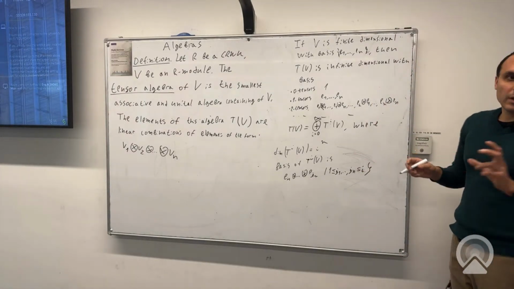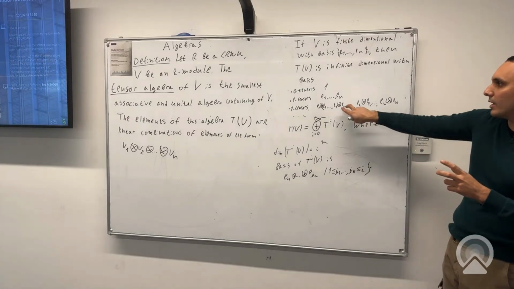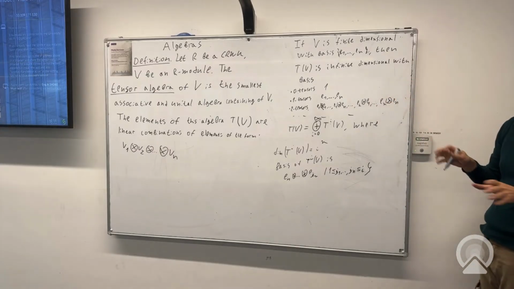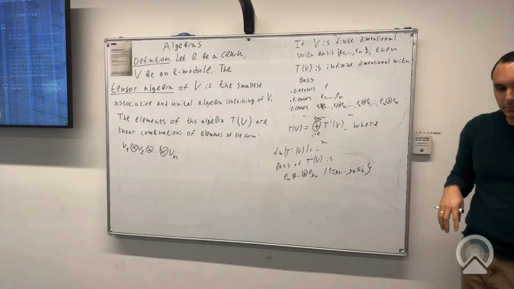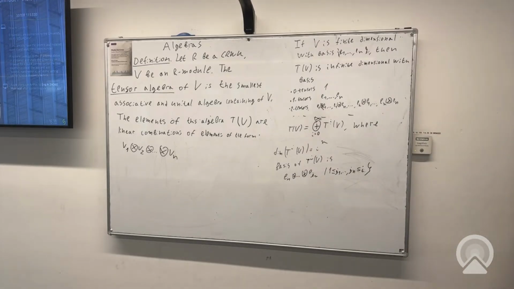If we had only symmetric ones like polynomials, then E1 E2 and E2 E1 would be the same. But for the general tensor algebra, they are different.